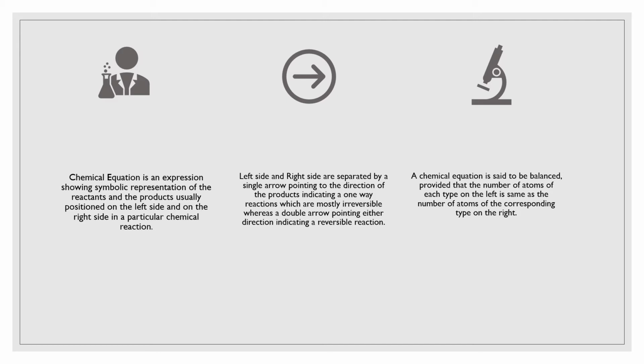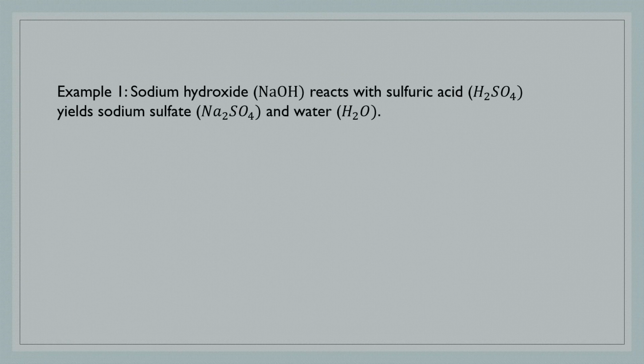A chemical equation is said to be balanced provided that the number of atoms of each type on the left is the same as the number of atoms of the corresponding type on the right. To understand this, let us take this example. We know that sodium hydroxide reacts with sulfuric acid and yields sodium sulfate and water.